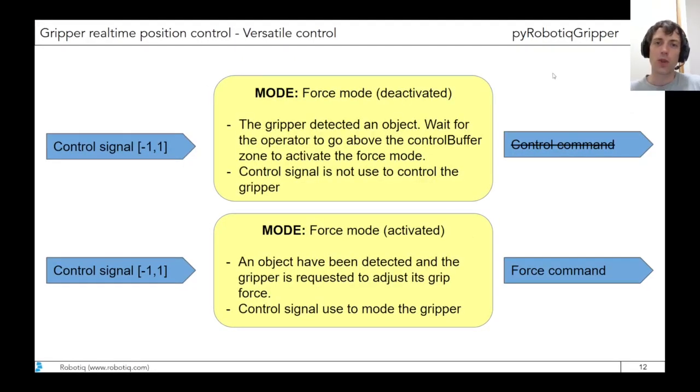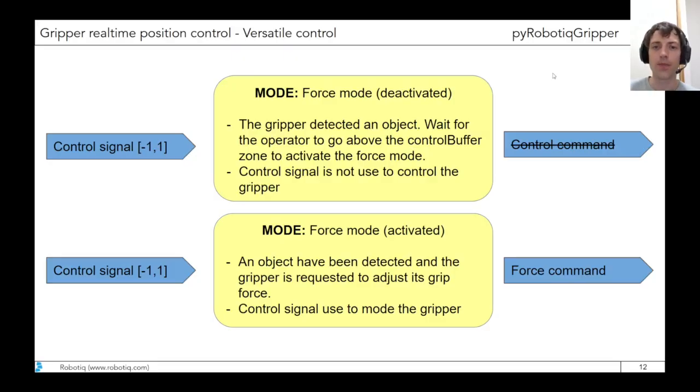Then we have the force mode deactivated mode. In this mode, the gripper detected an object, and we wait for the operator to go above the center of the control signal, so above the control buffer.